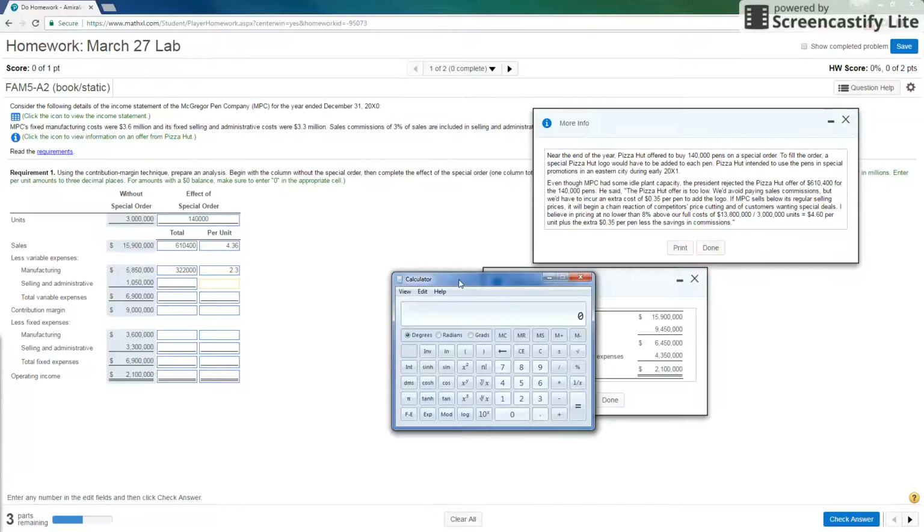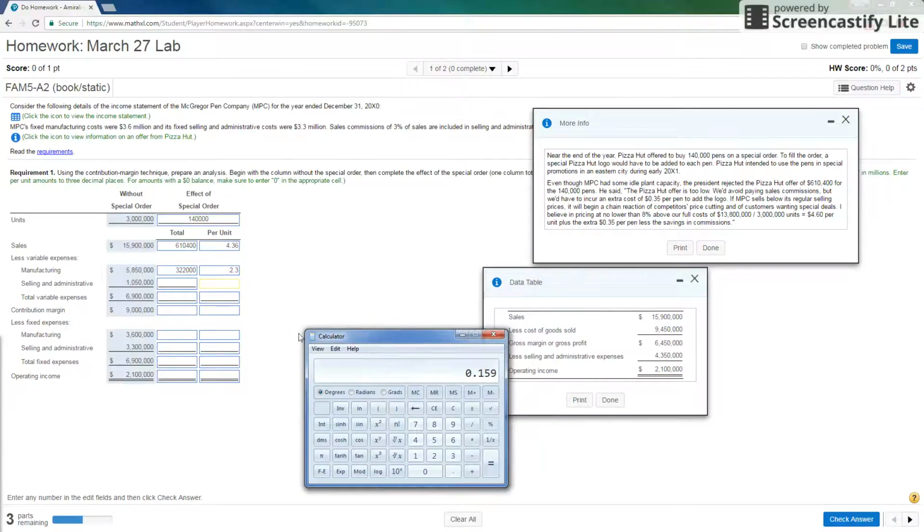If we find the commission, 15,900,000 multiplied by 3%, that's the total commission that we are paying. For per unit, it will be divided by 3 million pens, which gives you 0.159, almost 0.16.